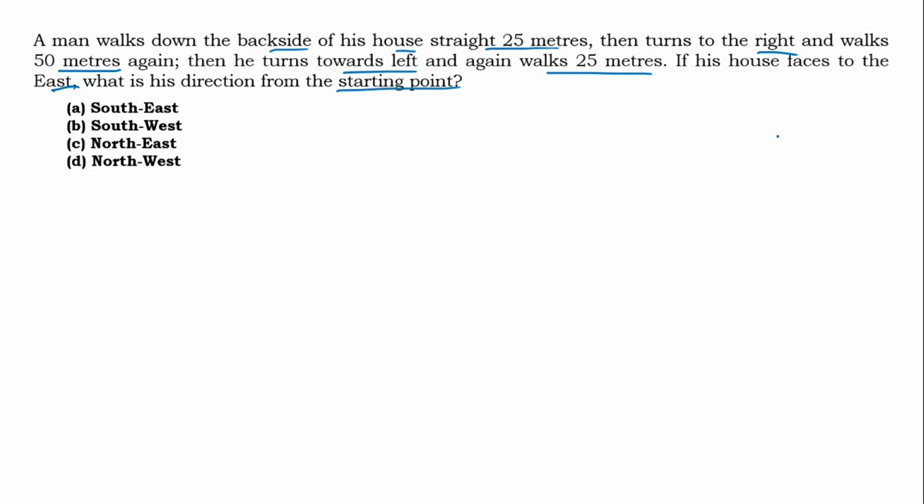Again, draw the direction: north, east, west and south. So let's consider, here is his house, which is facing towards east, right? So he is walking backside of his house straight 25 meters and turns to the right.